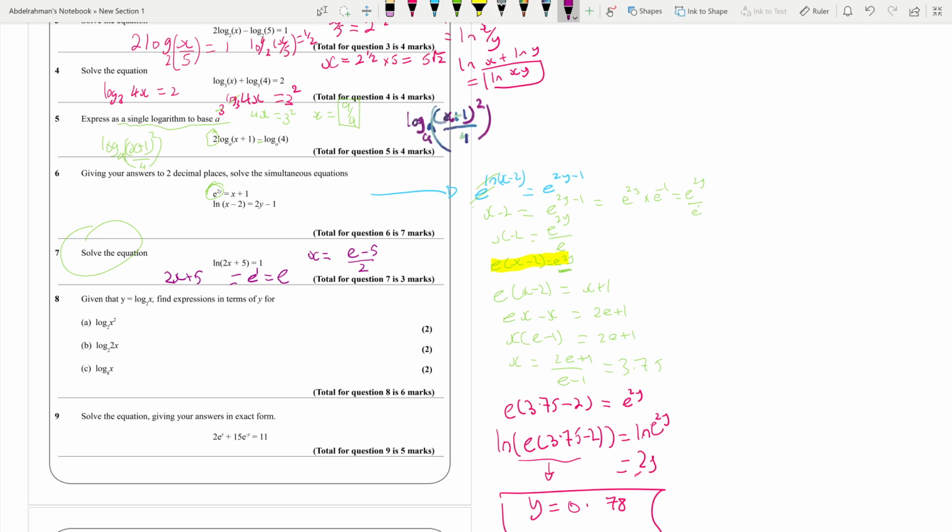the next one. So this one, okay, we know, as we said before, that the 2 can go down there, right? Because it's a rule of the logarithms, and the 2 can go down there, so it can be 2 log 2x. That means that it is 2y, because y is equal to this part here. So the 2 is just the extra bit, so we can do it this way.